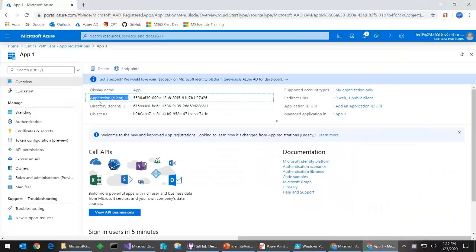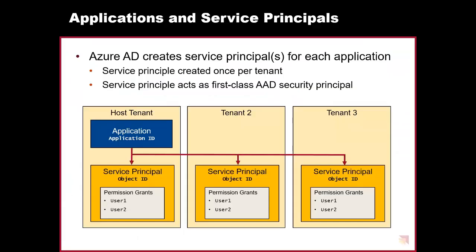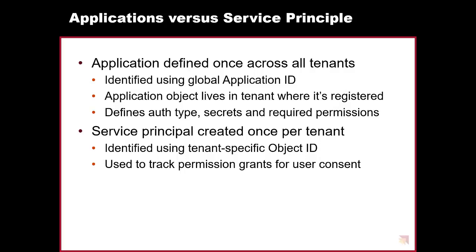If I go back here, now there's the application ID. There is the tenant ID. What's this object ID? That is the service principal. Okay, so if you ever need the GUID, you can see it from there. Now, just to go through this one more time, because this is going to be on the exam as well. So just remember the application is kind of defined once across all tenants.